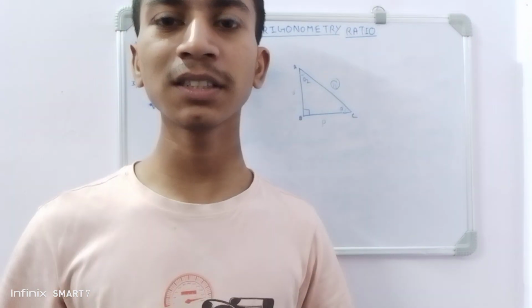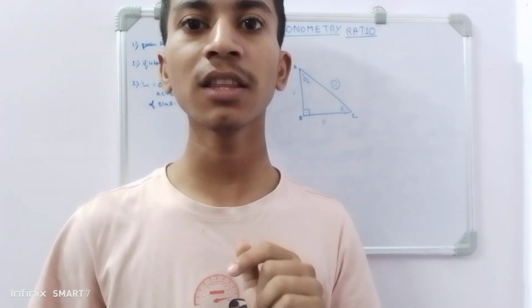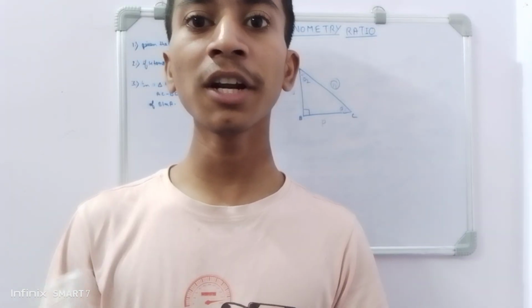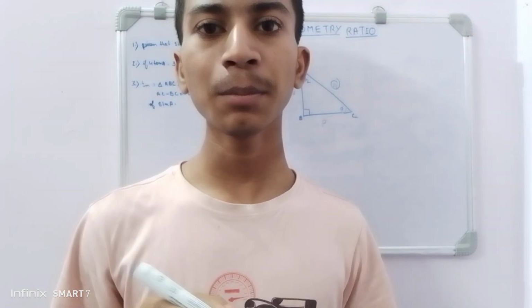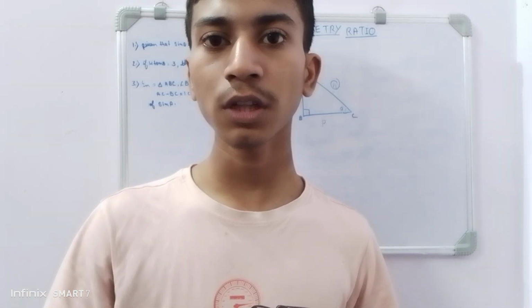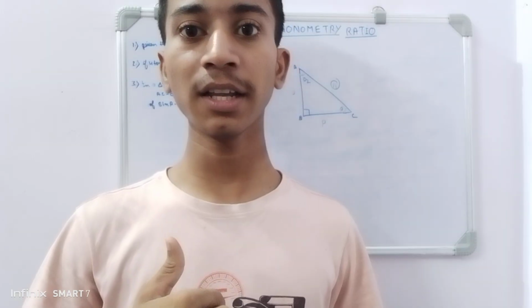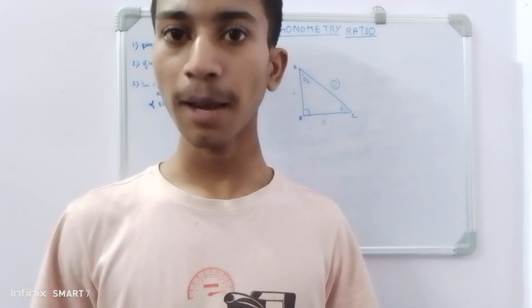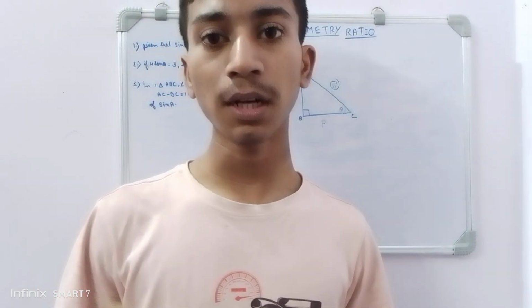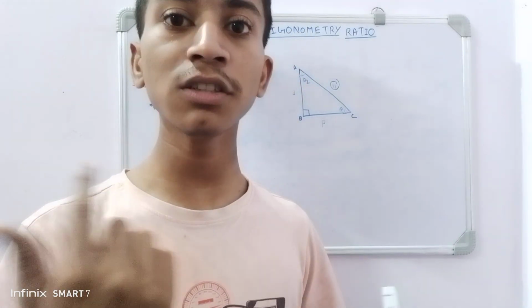How can you understand this? When you studied motion for the first time in class 9th, you learned that motion is a relative term. That means at the same time, anything can be in motion for one person and not in motion for another. Let's suppose I am standing here. If I am standing like this, not moving at any time, then according to the earth or universe I am in motion, because the earth is moving.